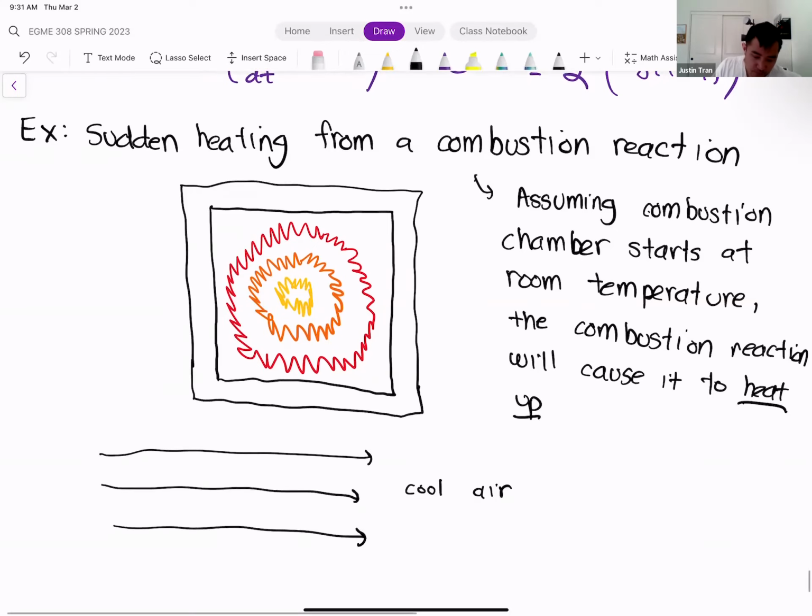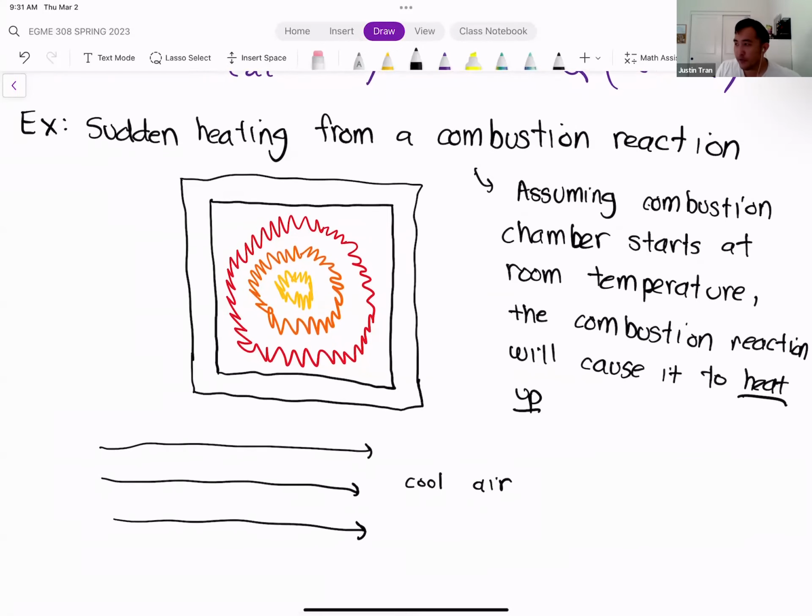I know most of you probably haven't taken heat transfer yet, but whenever you have some kind of fluid, like air or water, cooling from the outside, the way we mathematically model this is through a convection coefficient. And so we need 2 variables here: h and T infinity.